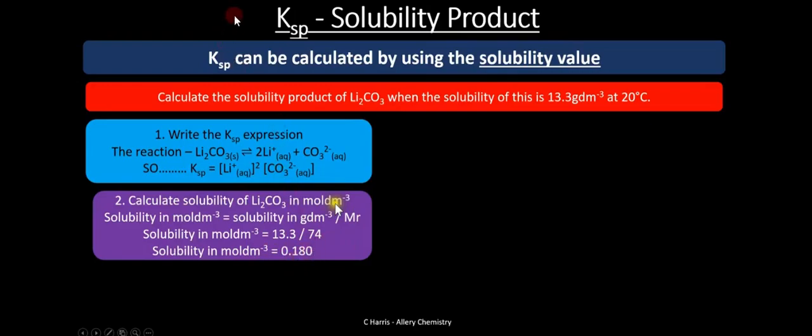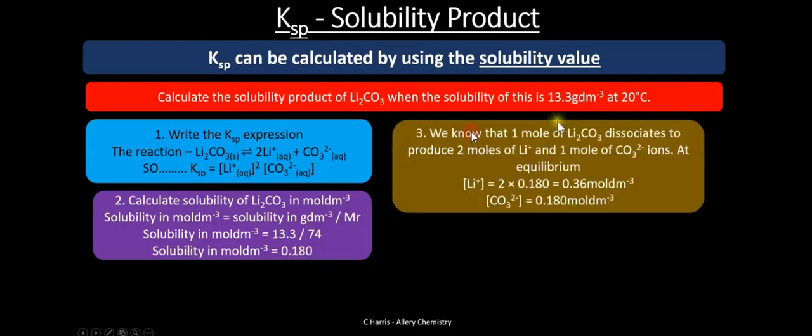Okay, now that we have our solubility in moles per cubic decimeter, we can go on to figure out the concentrations of the ions. So we know that when 1 mole of lithium carbonate dissociates or dissolves, it's going to produce 2 moles of lithium, because that's its stoichiometric ratio here in the formula, and 1 mole of carbonate ion. So at equilibrium, what do we have?